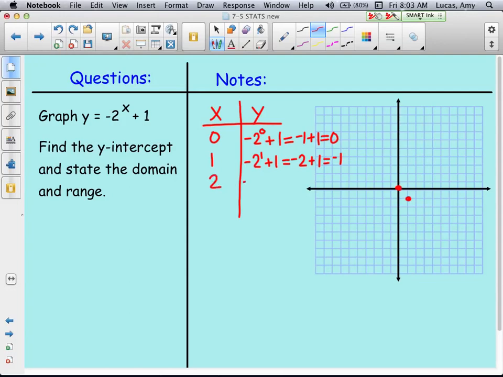If I plug in 2, 2 to the second power is 4, so -4 plus 1 is -3. So 2, -3. If I plug in 3, -2 to the third power plus 1, 2 to the third is 8, so -8 plus 1 is -7.